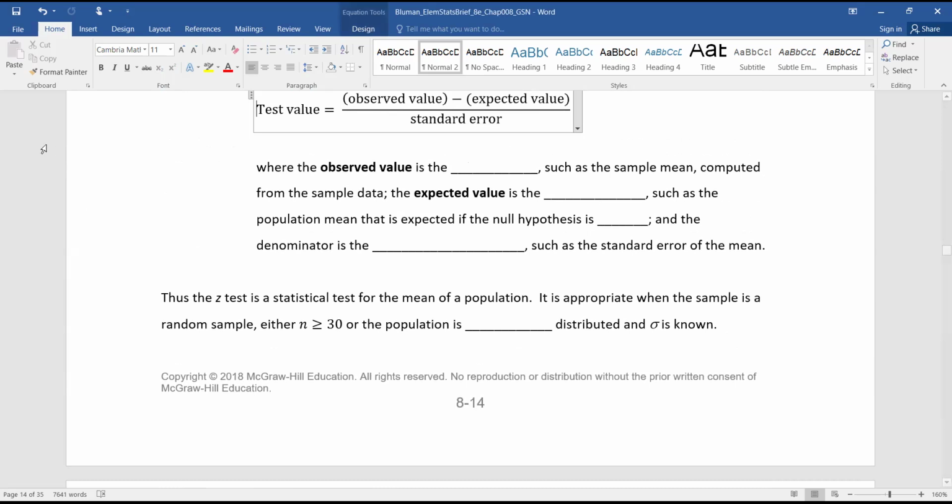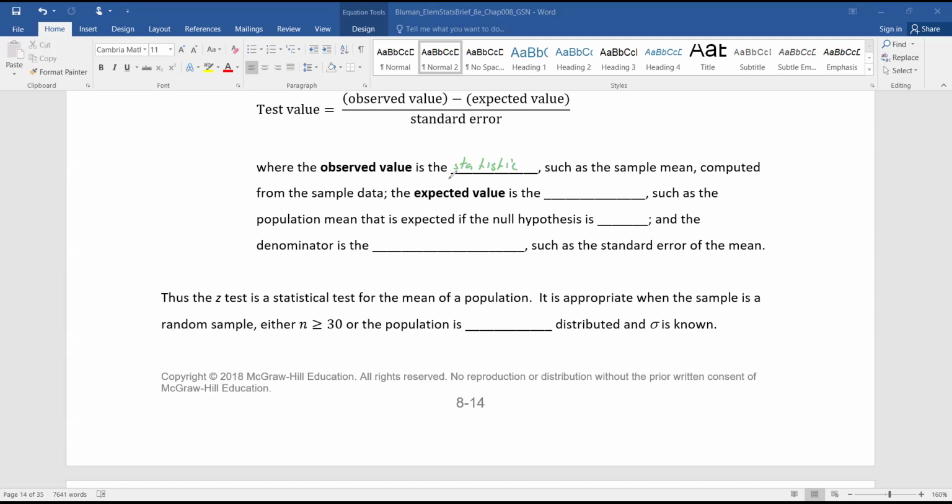The observed value is the statistic, such as a sample mean computed from the sample data.